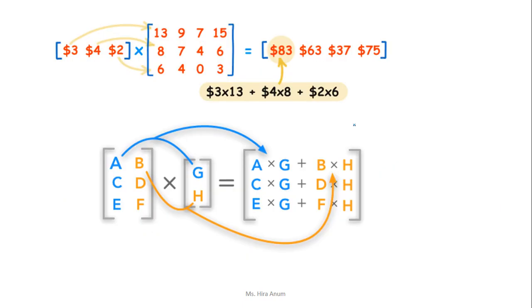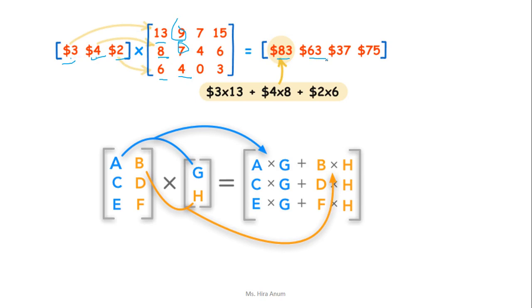You can see this again. 3 multiplied with 13, 4 will multiply with 8, 2 multiply with 6. It becomes 83. Similarly, 3 multiply with 9, 4 multiply with 7, 2 multiply with 4.